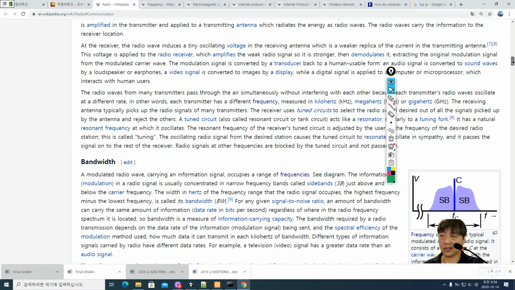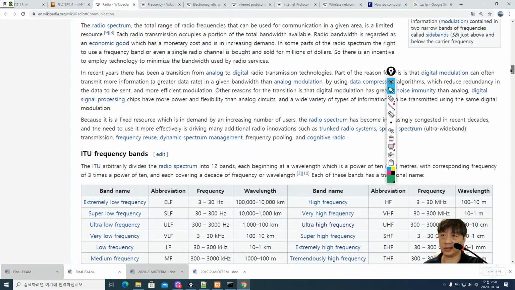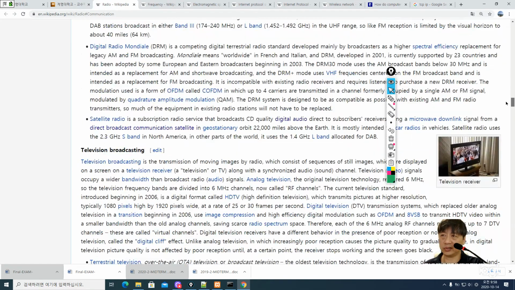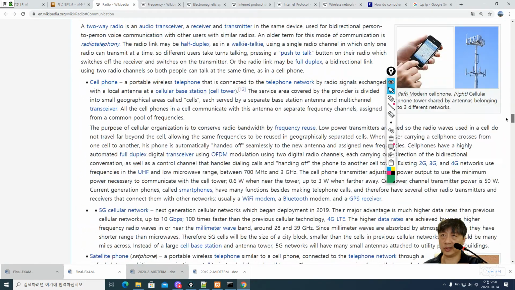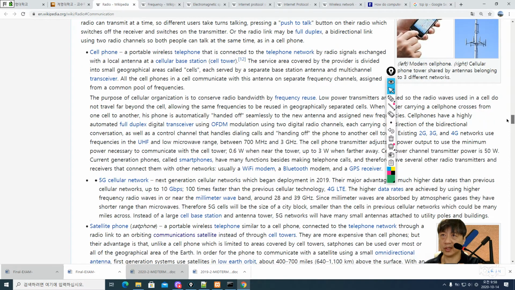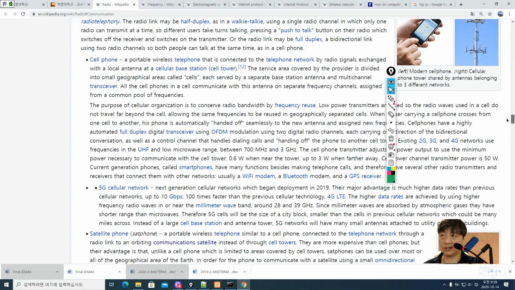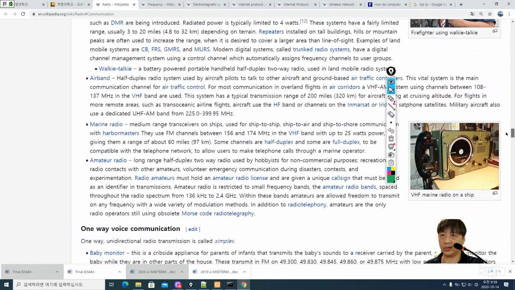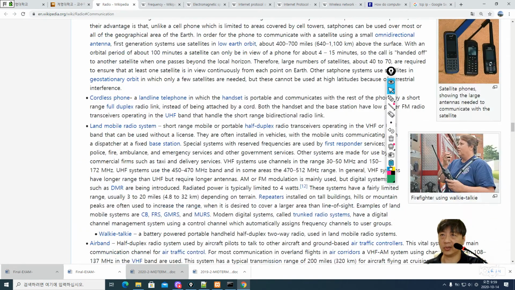Not only that, the cellular communication, we talked about the type of waves that it uses for cell phones and cellular networks. The only thing you pretty much need to know is the frequency ranges.